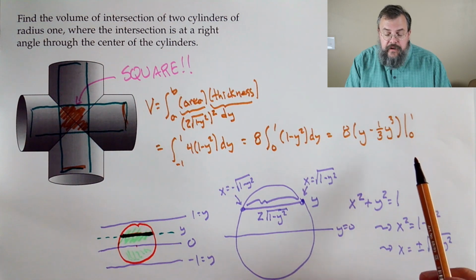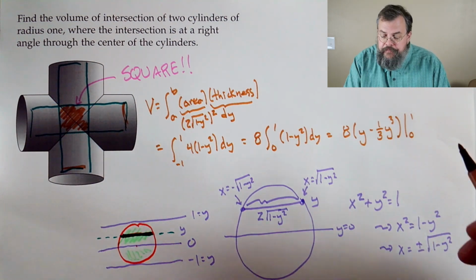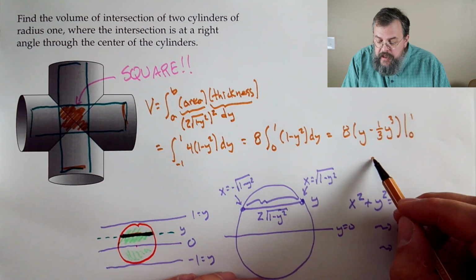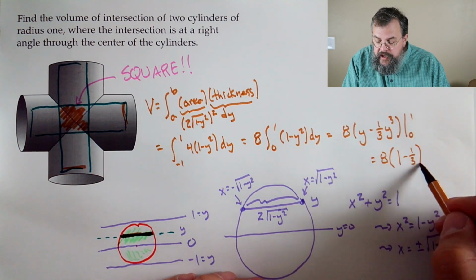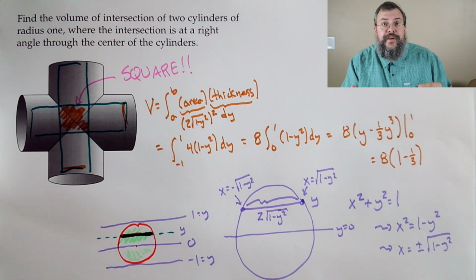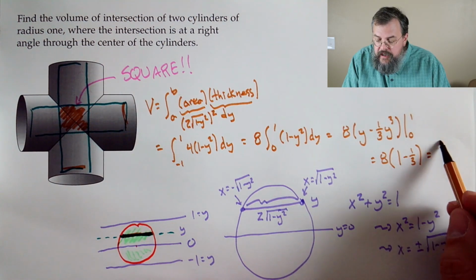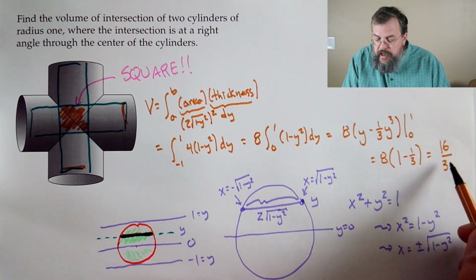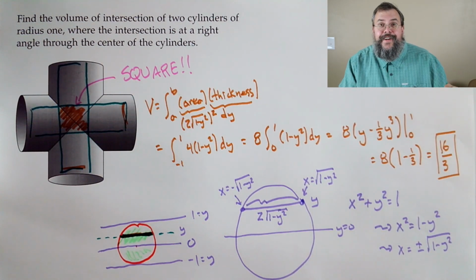Because when you plug in 0, you get 0. So we really just have to plug in the 1. So we end up with 8 times 1 minus 1/3. Well, 1 minus 1/3 is 2/3. And then times by 8 gives us 16 over 3. And there we go. That's the answer.